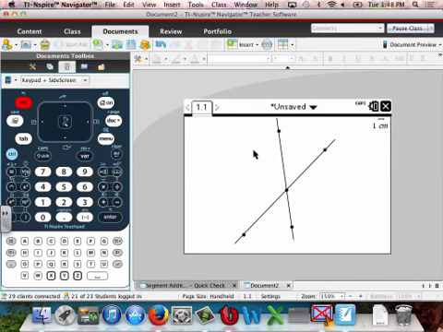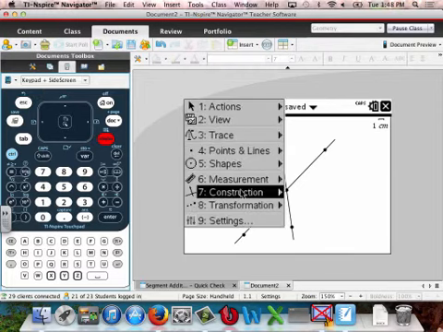Now, what shape did I just create? An X. Guys, I can't stress this enough. Anytime you see an X, I want you to think one thing geometrically, and that is vertical angles. If you have an X, you have vertical angles. Something I want you to write down. And here's the important thing about vertical angles.